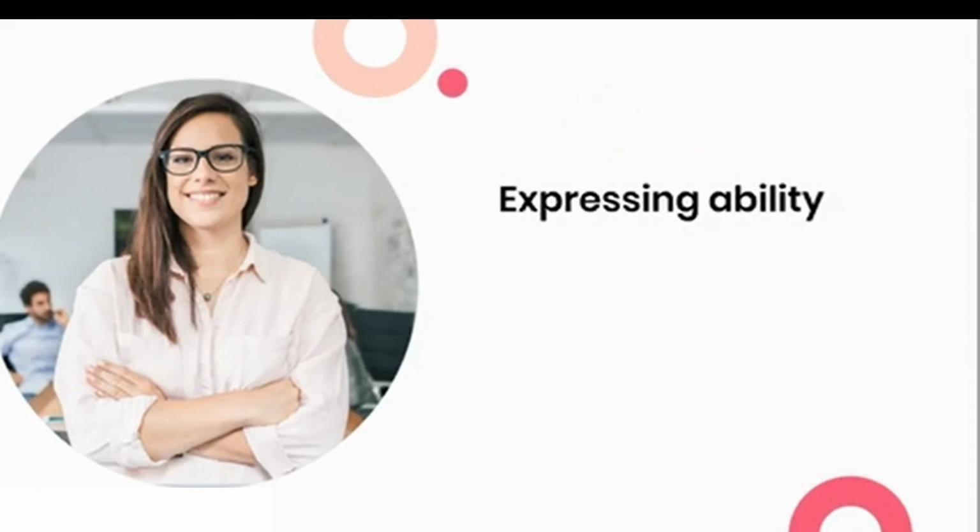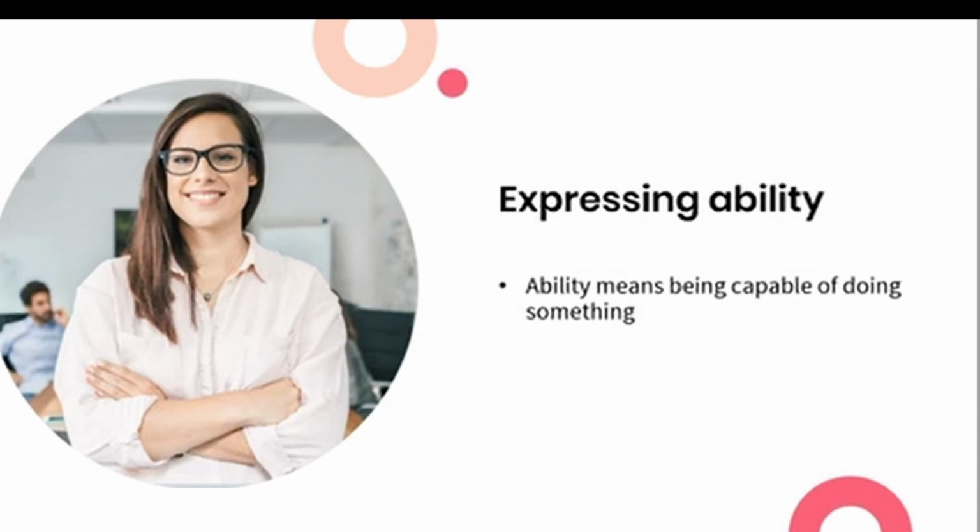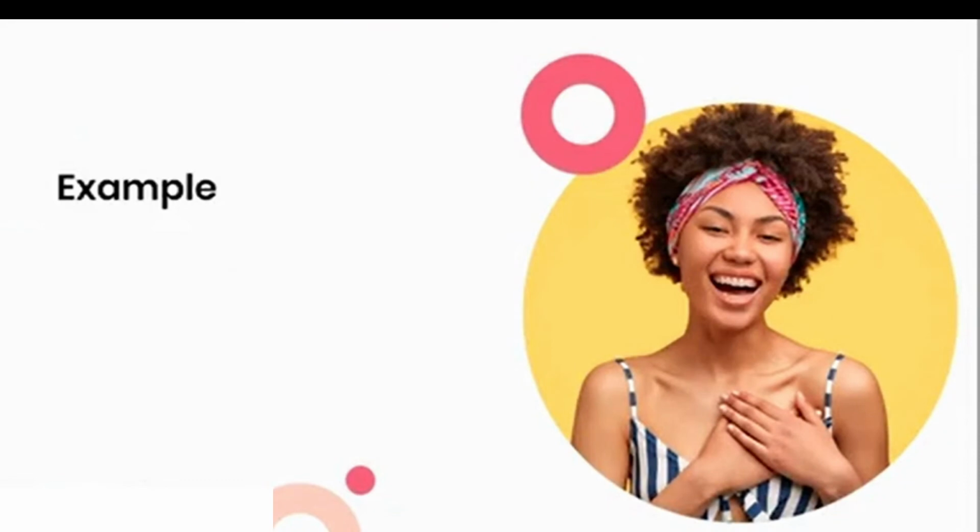The next purpose of a modal verb is expressing ability. If you have the ability to do something, it means you are capable of doing it. The modal verb that shows ability is can. Let's take the sentence from before. Sally and Janet walk to the shops, and add the modal verb can.